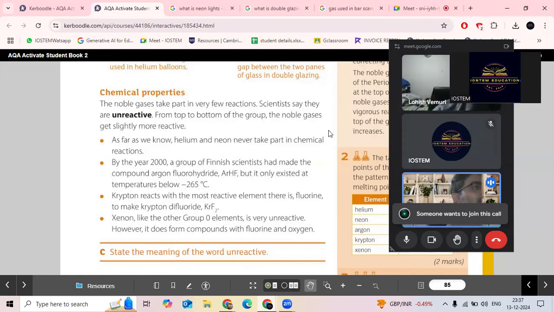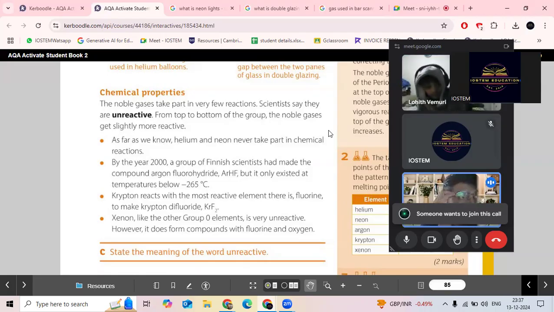Which one is the most reactive element in the periodic table? Which is the most reactive group? Halogens.